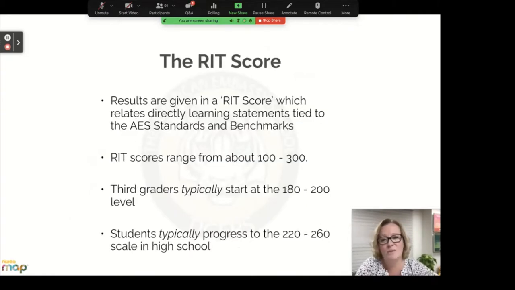Now, as I mentioned with these RIT scores, it is not infinite, it doesn't go on forever, if you will. The RIT scores generally go between 100 and 300. I mentioned third graders typically score around 180. Students in high school typically score around a 220 or so. But that key word is typical. Typical means that that's typically what's going to happen for the kids. But we also know that we do not have typical kids here. We have amazing parents. We have amazing educators.